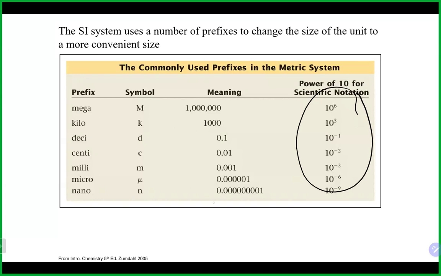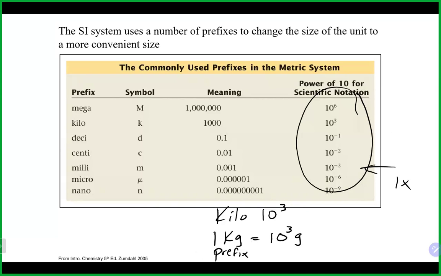So if we looked at our kilo, which is 10 to the 3, once again, what that means is in 1 kilogram, which is our prefix unit, there is 10 to the 3 grams. All of these are 1 times 10 to the 3, 1 times 10 to the minus 2. So again, if you need to put it into your calculator, you would put it in using scientific notation and your exponent button like I think we talked about last time.